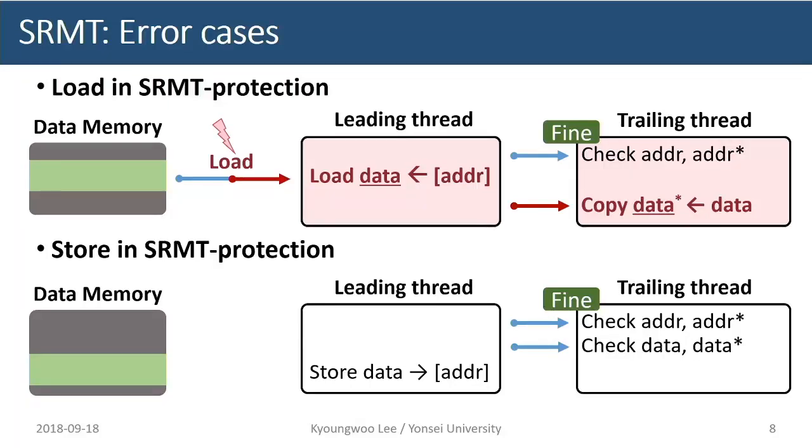If there is no mismatch, that means there is no error. So it is fine. What if, when they update the data at the store, there might be some software or hard error? Then it can corrupt the data, and they cannot detect this. So these two error cases can generate silent data corruptions in case of software redundant multithreading, which was the previous one.